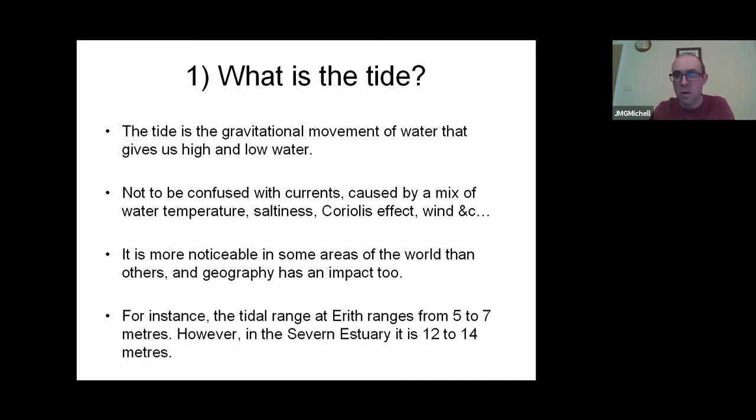So that's why you get these massive ranges, whereas somewhere up on the east coast, I think it was Waldringfield when I was on holiday up there, their tidal range is about 3 meters. It's peanuts. We'd be laughing if that was at Erith, instead of on a spring tide, you get 7 meter tidal ranges.